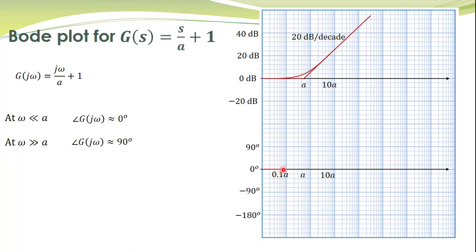So up to the frequency which is 1 decade below the corner frequency, the phase angle of this complex number is 0. And at higher frequencies, 1 decade after the corner frequency, you have a phase angle of 90 degrees, and in between you join it by a straight line. So this is the asymptotic Bode plot for this particular transfer function.